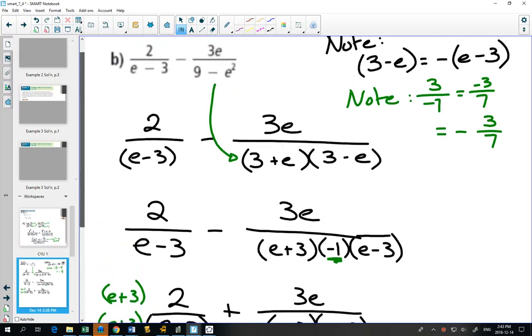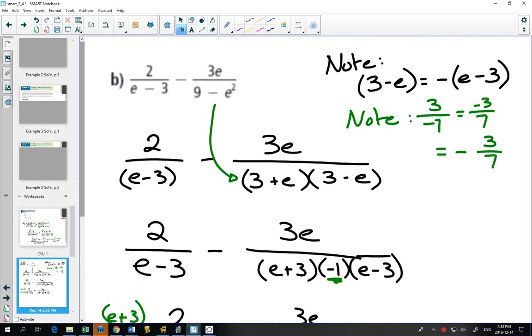Using note number 1. Note number 1 in black, 3 minus e is equal to, factor out the negative, negative e minus 3. So then I rewrote this in the purple box as that in the purple box.